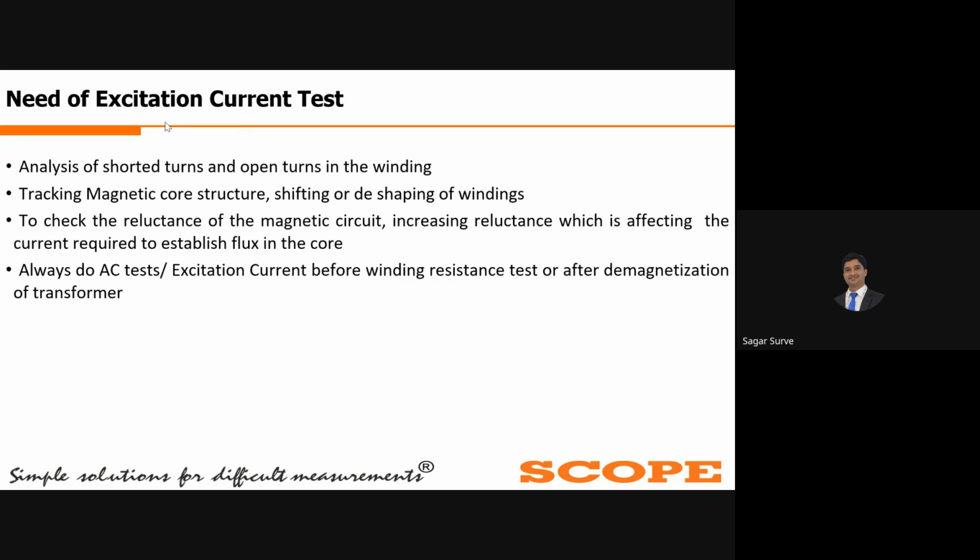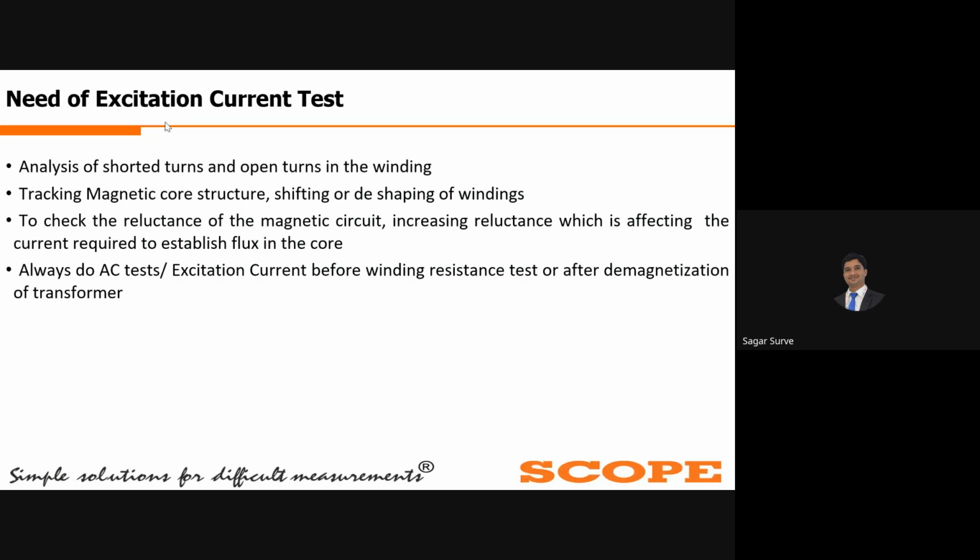It will act as a magnet, and it will affect the performance and test results of AC tests like excitation current, magnetic balance test, SFRA test, and turns ratio test. So to avoid that, we first conduct all the AC tests, and then we conduct the DC tests.